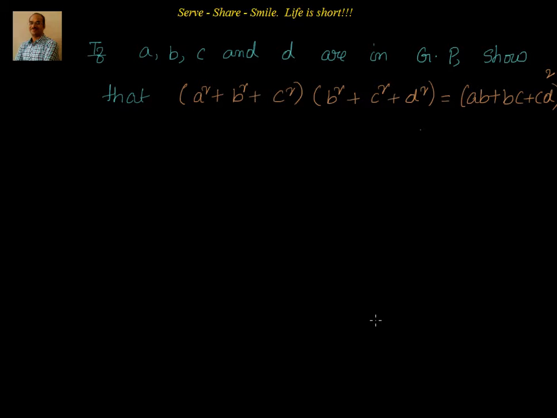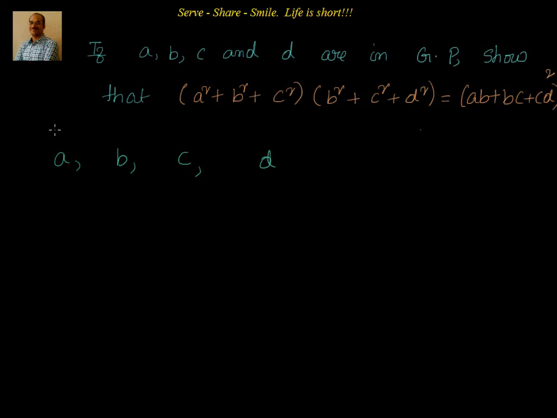Now how to solve this problem? Our approach will be, take out what is given to us, that a, b, c, d are in geometric progression. So we'll write down the geometric progression. The sequence will be a, b, c and d.